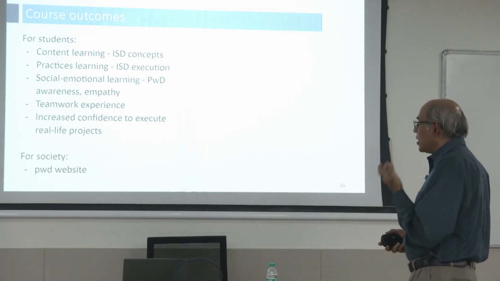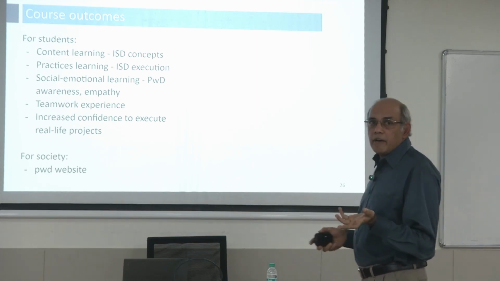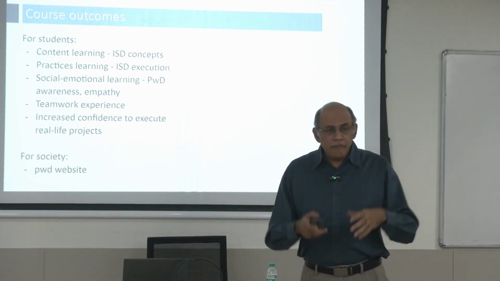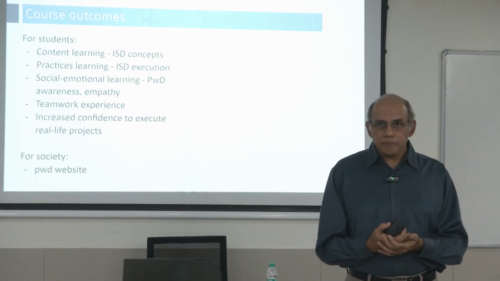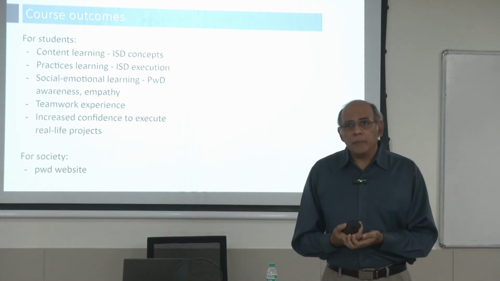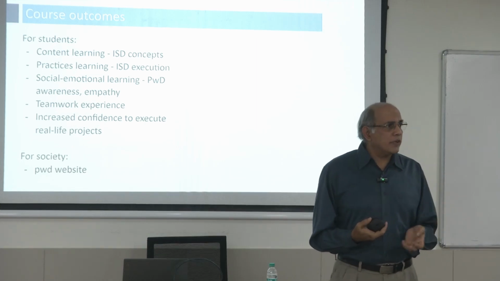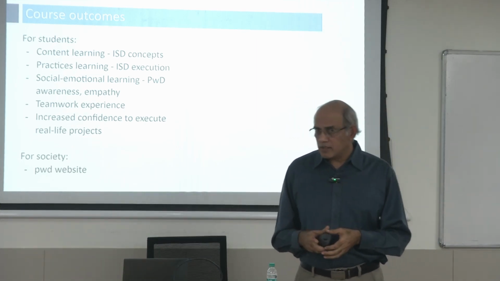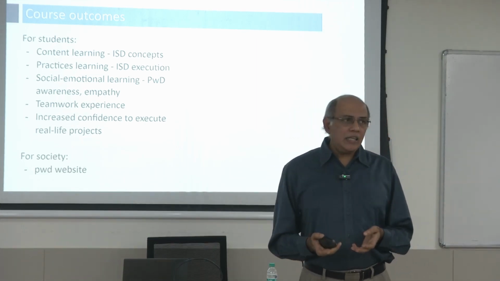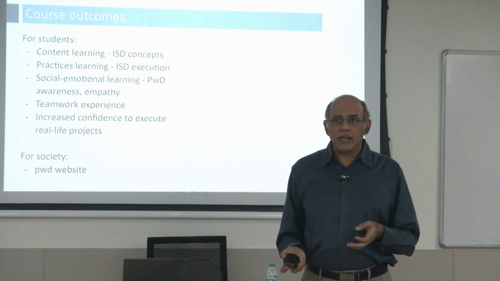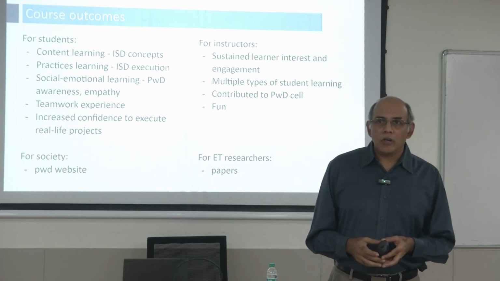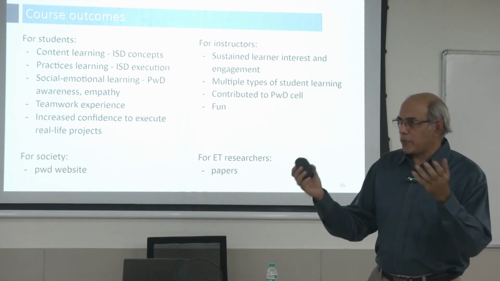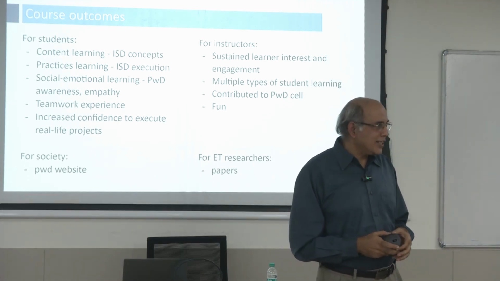There was social emotional learning, where there was PWD awareness, empathy, and teamwork experience. They actually built something as a team, and many reported increased confidence to execute such real life projects. For society, again, this website that got created was an outcome. For ET researchers, there were papers; a bunch of people wrote papers on it.